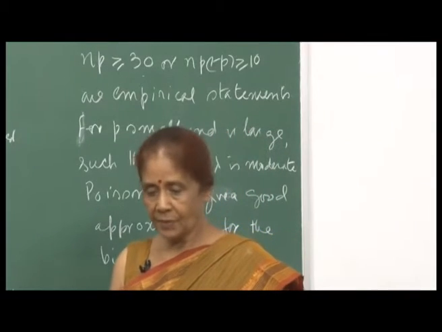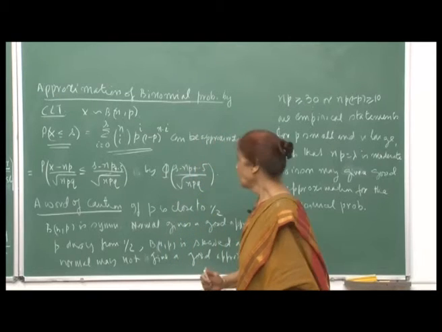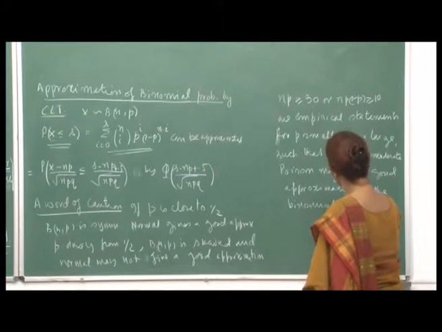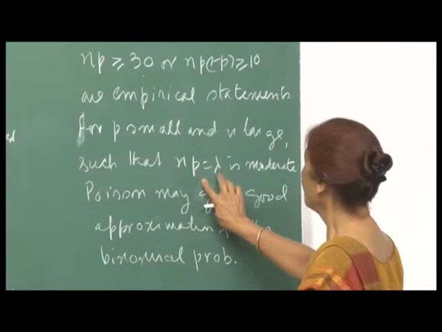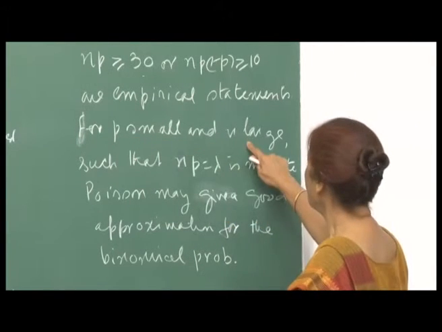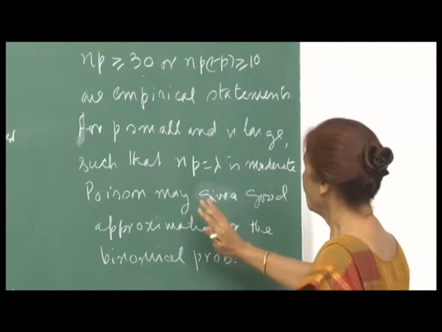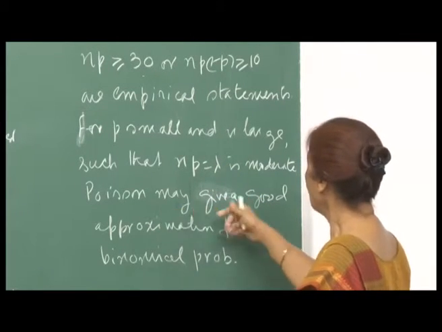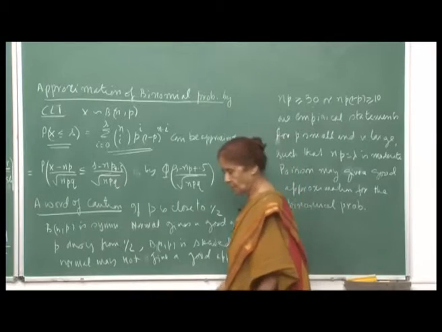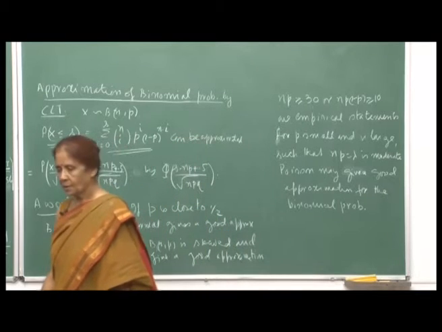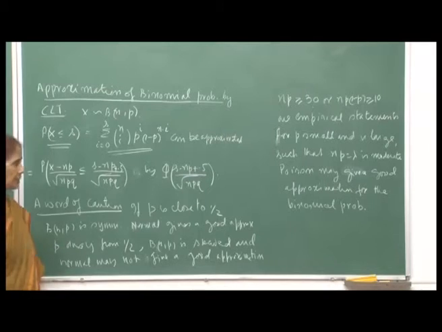When we were discussing discrete random variables, I showed you how Poisson probabilities can approximate binomial probabilities, provided p is small, n is large and np is a reasonable number. So with this word of caution, these approximations can be used and they are very helpful.